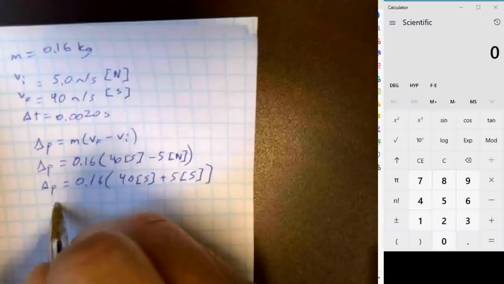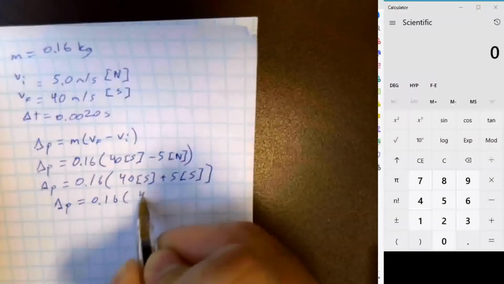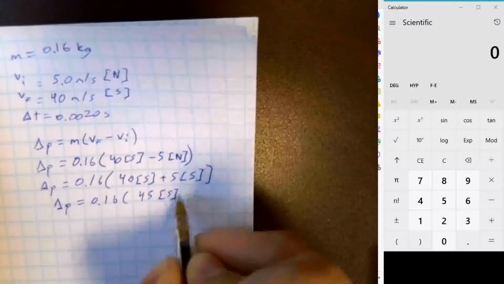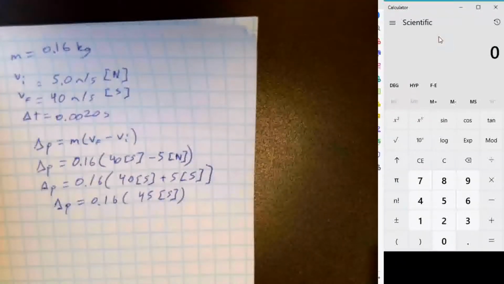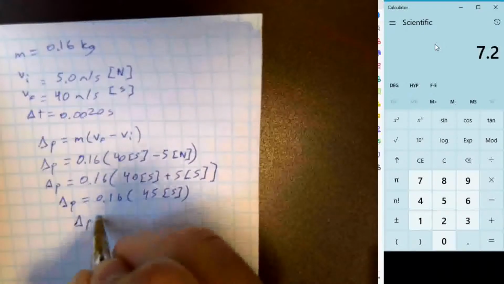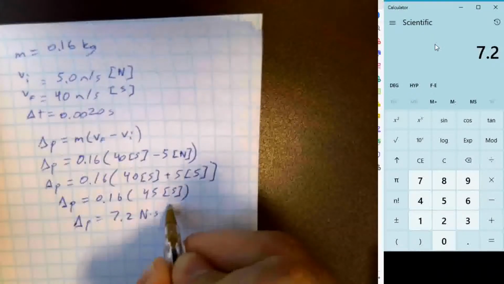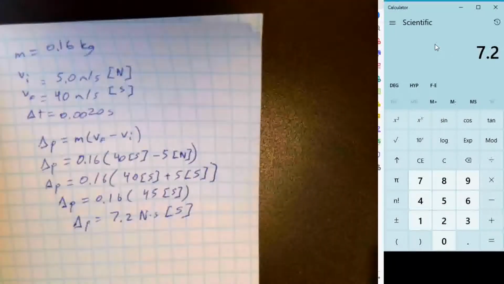So this gets me to delta p equals 0.16 times 45 south. And doing that quick calculation, 45 times 0.16 gets me to 7.2 newton seconds in the south direction.